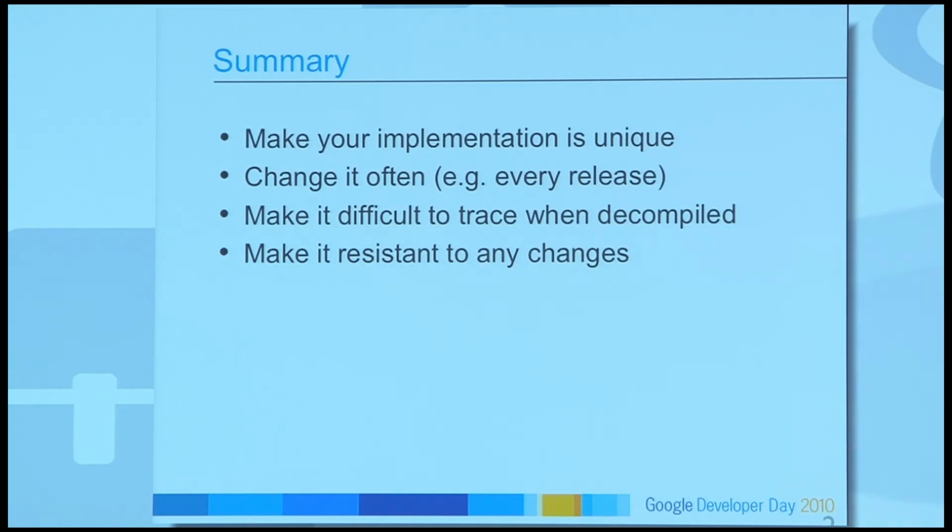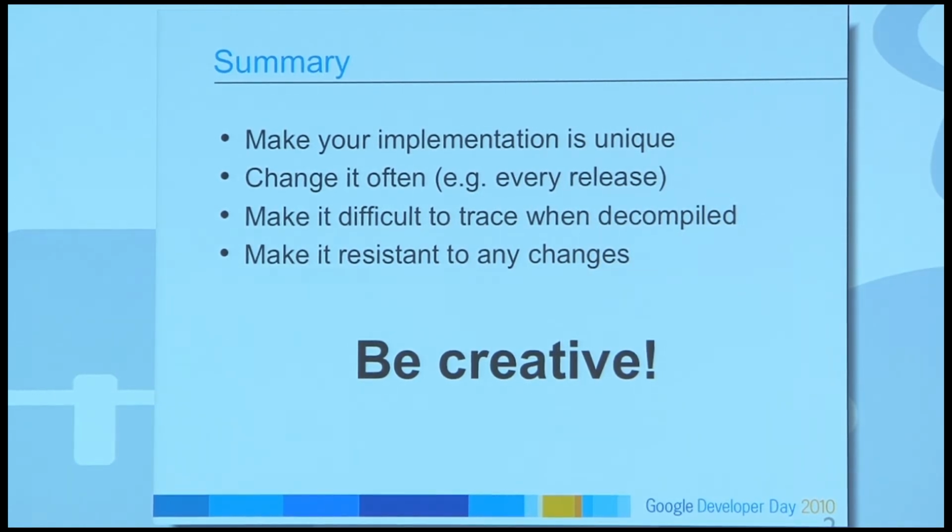Also, make your code difficult to trace when decompiled, and make your code resistant to changes. And last but not least, be creative. In your implementation, try to give the hacker a hard time.